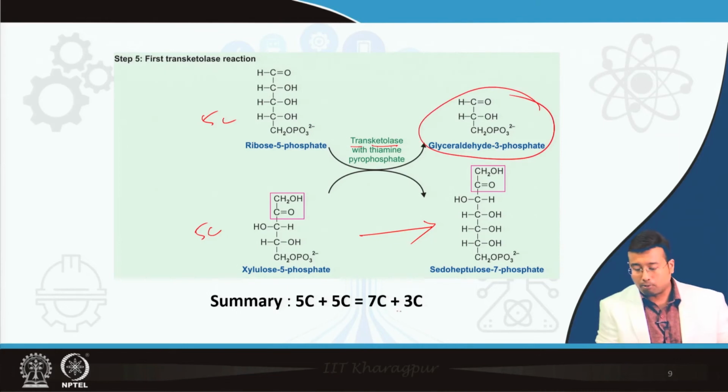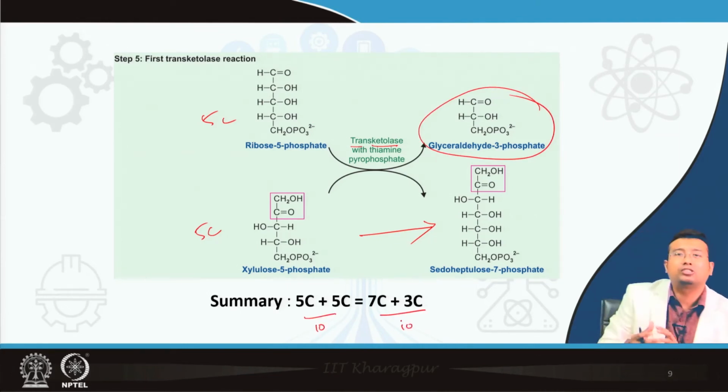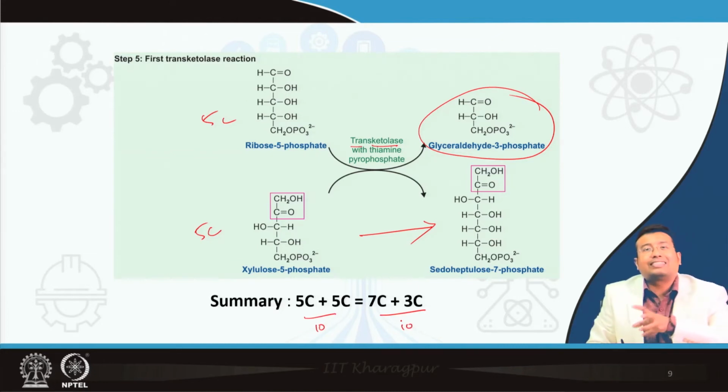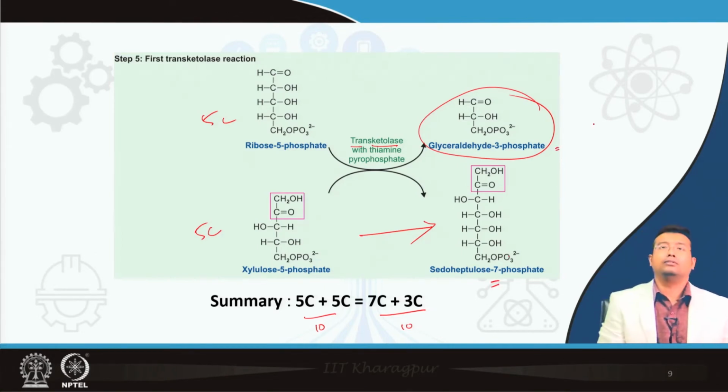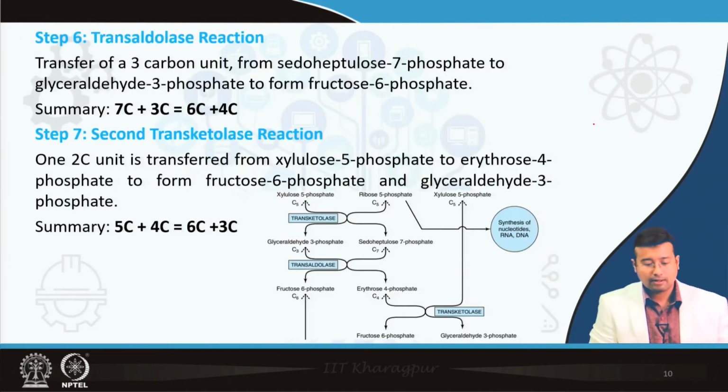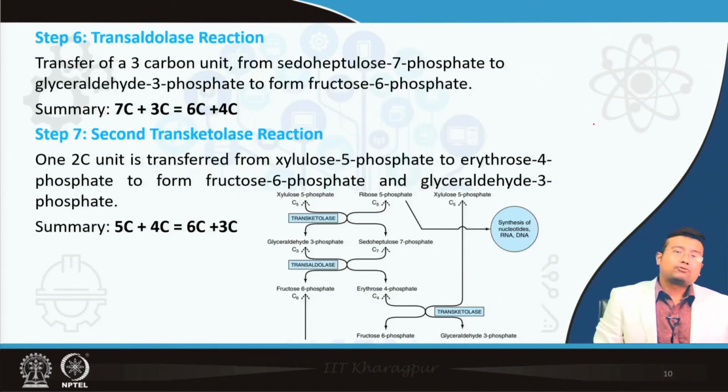So, the end products, both are 10 carbons. So, 5 plus 5, there is a 2 carbon shift leading to the formation of a 7 carbon compound, that is pseudoheptulose 7-phosphate, and a 3 carbon compound glyceraldehyde 3-phosphate. Okay. Clear?